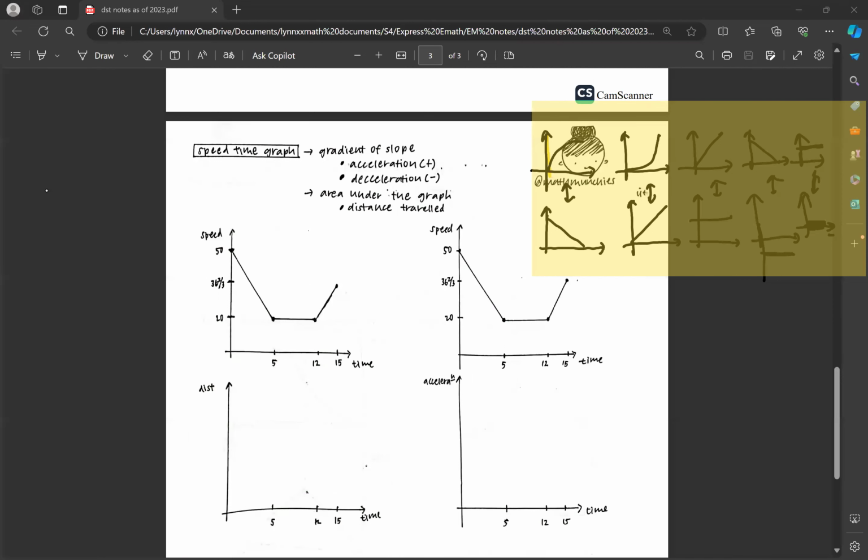So everybody write it down. For this case, we are going from speed time to distance time. Now be very, very careful.